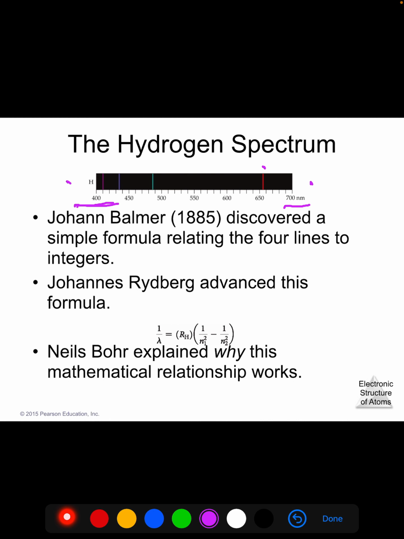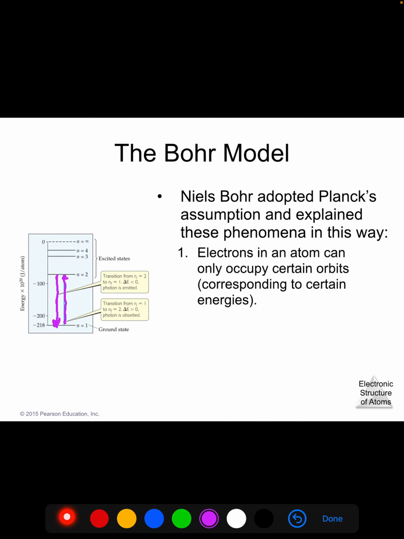And if I go up higher, for example, to this one, now I have two transitions I can do. I can go down one step, or I can go down two steps and emit different wavelengths of light.